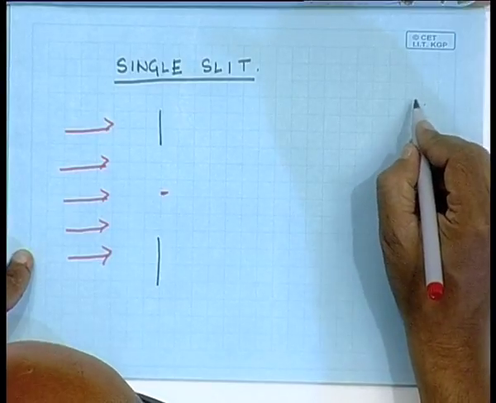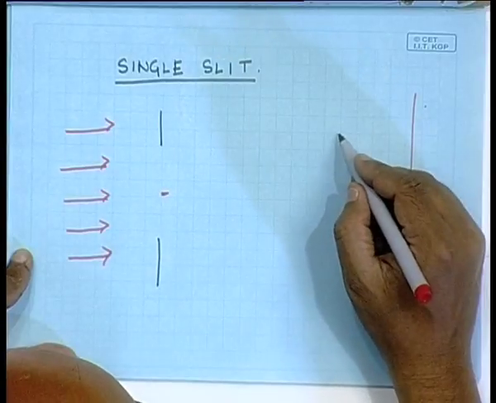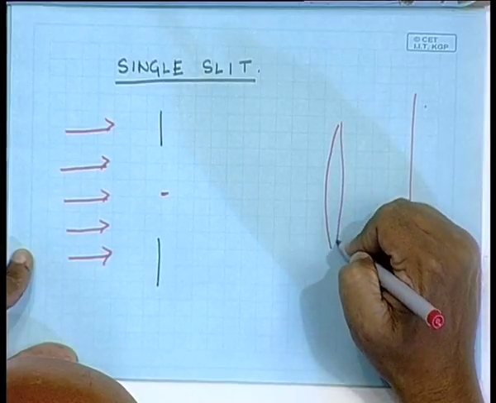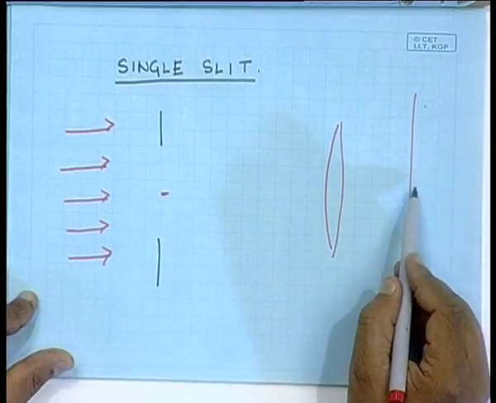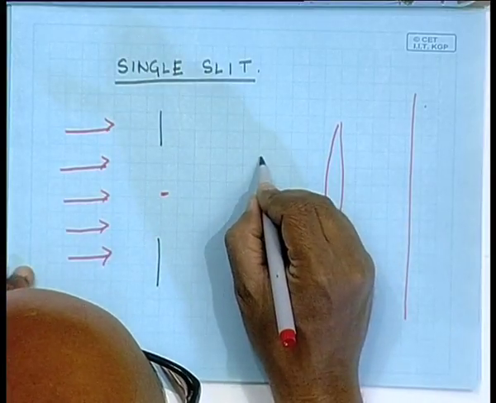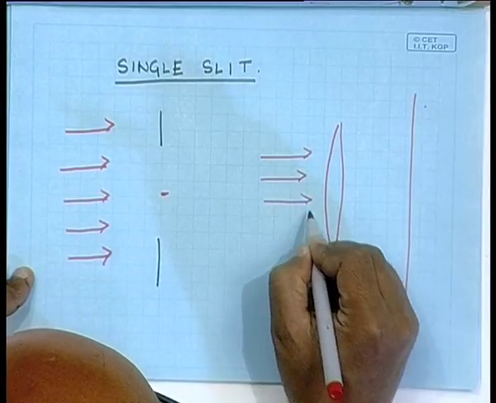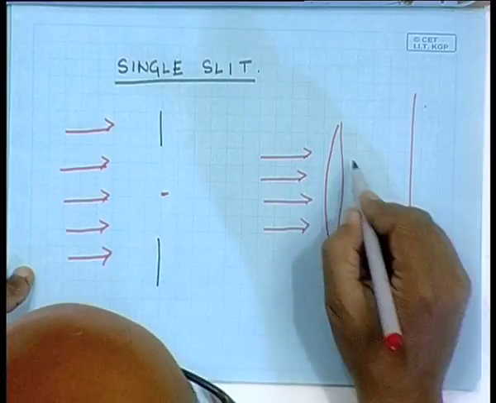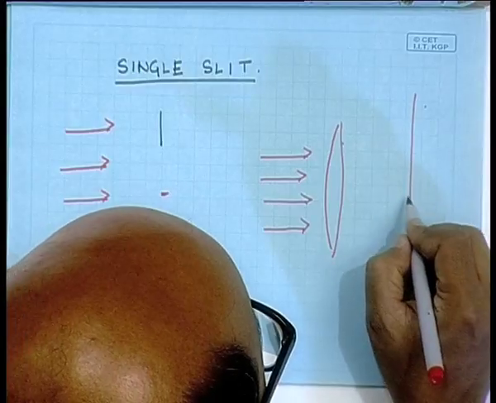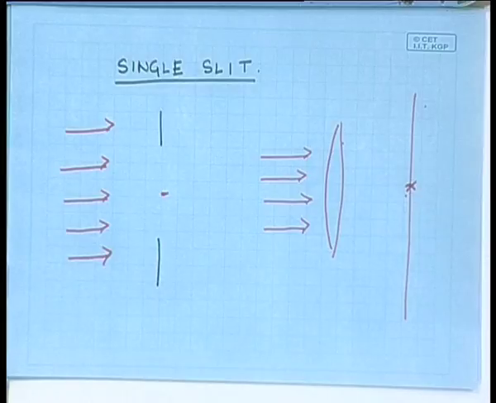place a screen over here, put a lens over here, the screen is at the focal length of this lens. So, what the lens does is that it takes all the light which is incident in a particular direction, let us say in this direction, and focuses it to a single point. So, all the waves coming in this direction will get focused to the point on the center of the screen.